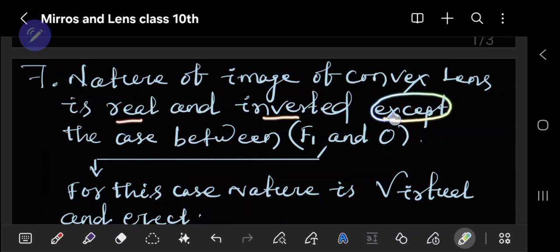Again, one of the exceptional conditions is there, the case between F1 and O. If you want to keep the object between focus 1 and optical center, then it will be virtual and erect. Except this condition, the remaining conditions where you can keep, like the concave mirror, as I already said, the answer will come out real and inverted.